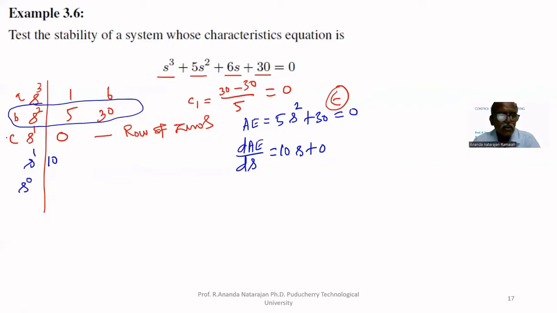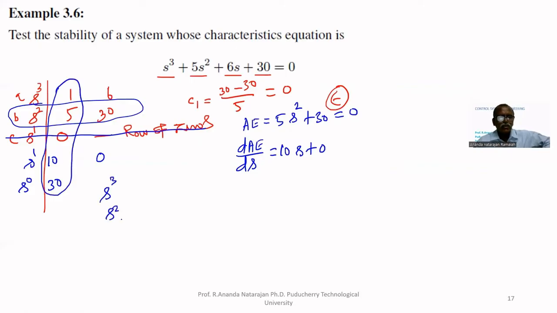S power 0 is what? S power 1 is 10, therefore 10 multiplied by 30 minus 5 multiplied by 0, so you will get 30 here again. So if we check the set of all first column elements, that is S cube, S square, S power 1, S power 0, the elements are 1, 5, 10, 30.